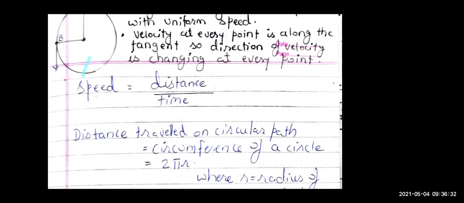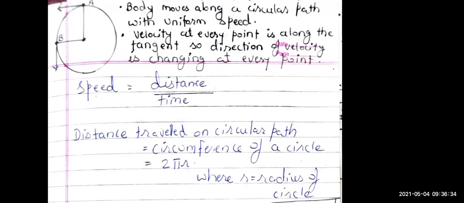Right, beta? Now, children, look. Now we know the formula for speed. Speed is distance upon time. Now, on a circular path, what is the distance covered? The distance covered on a circular path is equal to the circumference. If an object goes round a circle, it is covering the entire circumference.